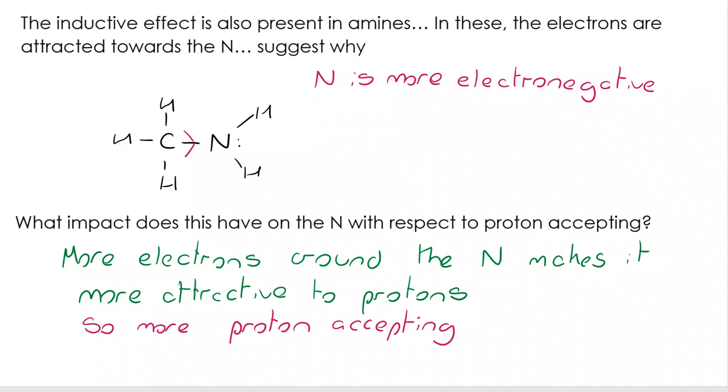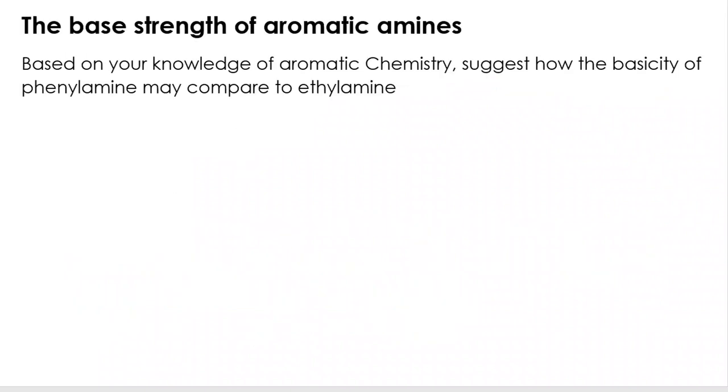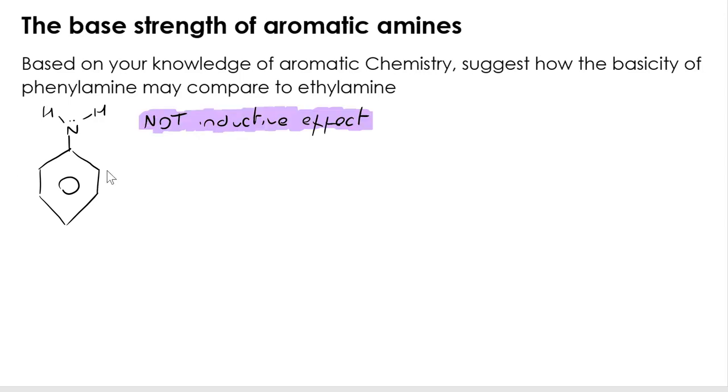What about in an aromatic amine? How might the basicity of phenylamine compare to ethylamine? Well, again, let's draw this out. I've got my NH2 coming off my aromatic benzene ring. This is not about the inductive effect.